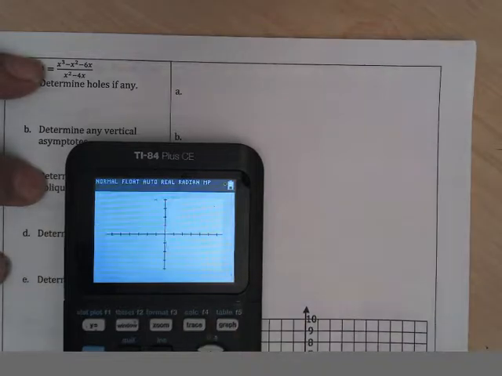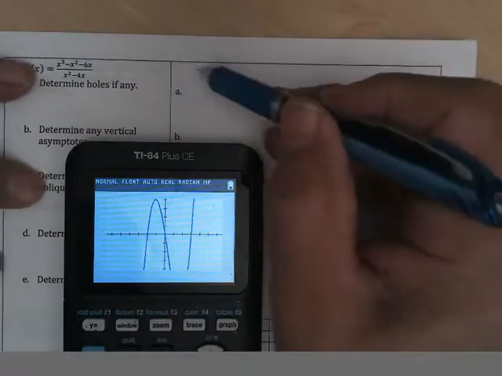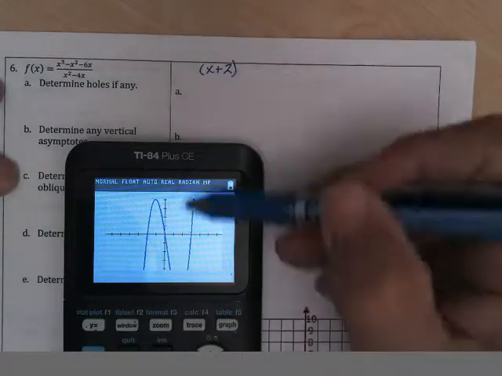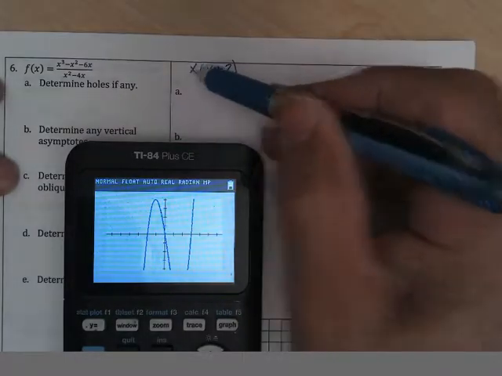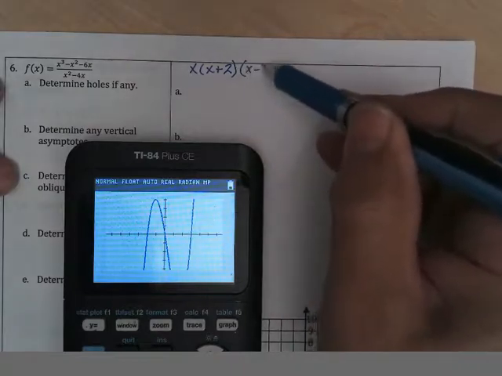Didn't look like it was nice numbers. Crosses at minus 2, so x plus 2. Crosses at 0, so x, and it crosses at 3, so x minus 3.